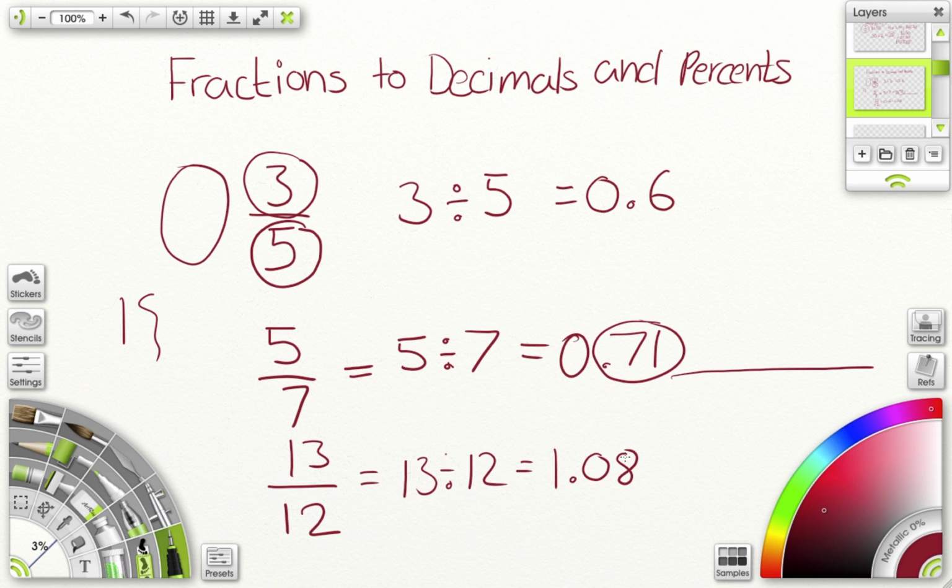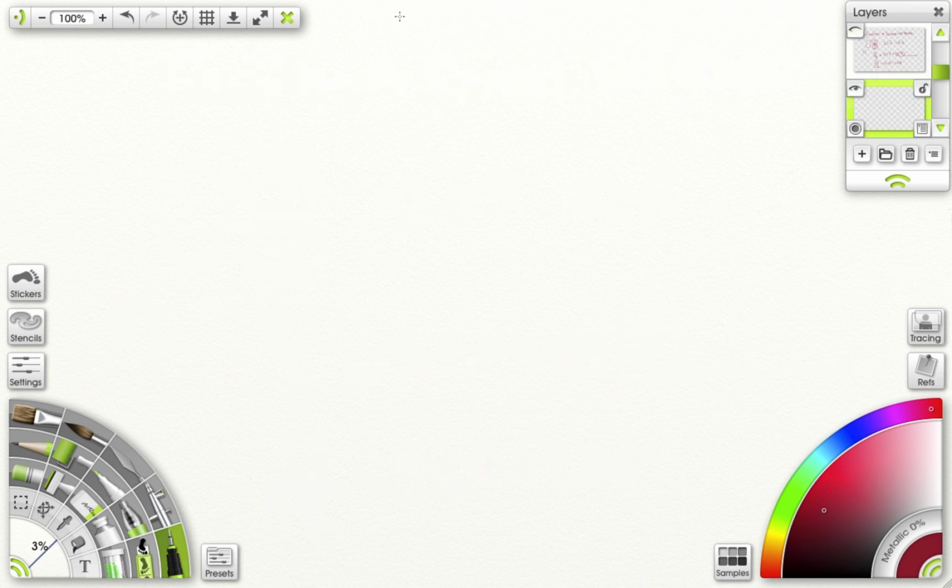This is also really easy. So if I need to take a fraction and put it right into a percent, so let's do this on another page. If you got a question that says turn 6/7 into a percentage, what you do is you first have to convert it into a decimal.